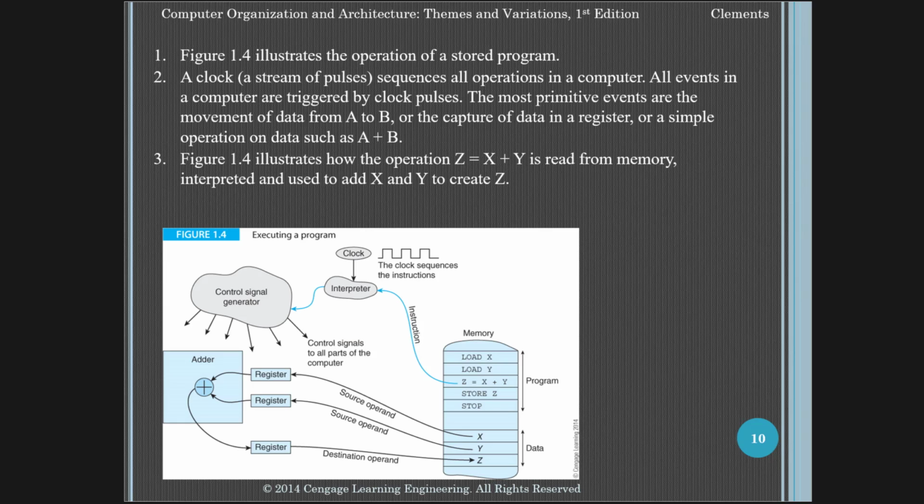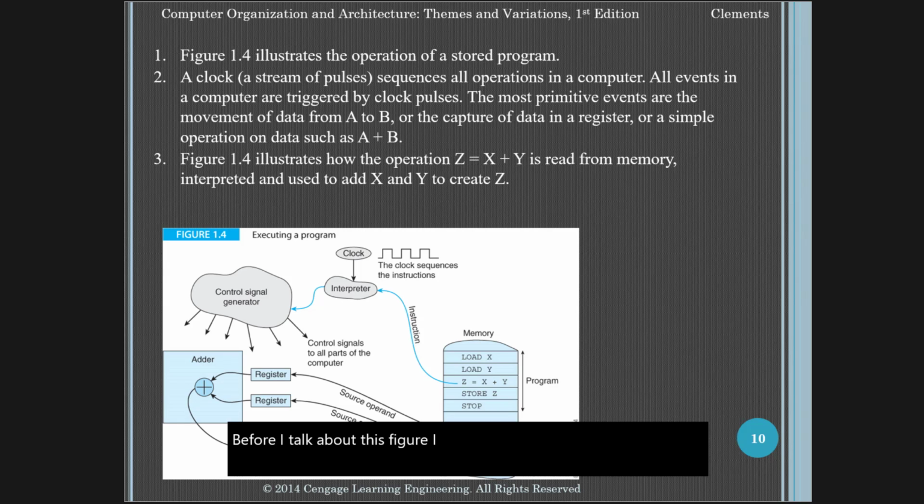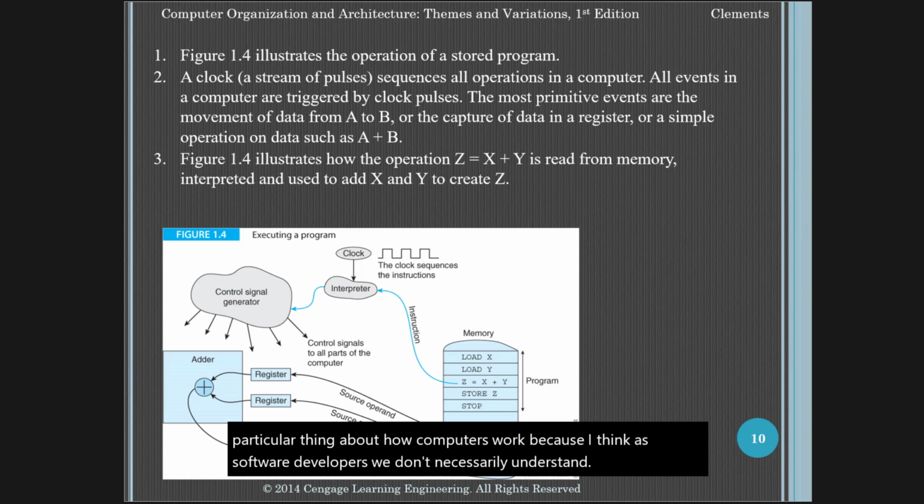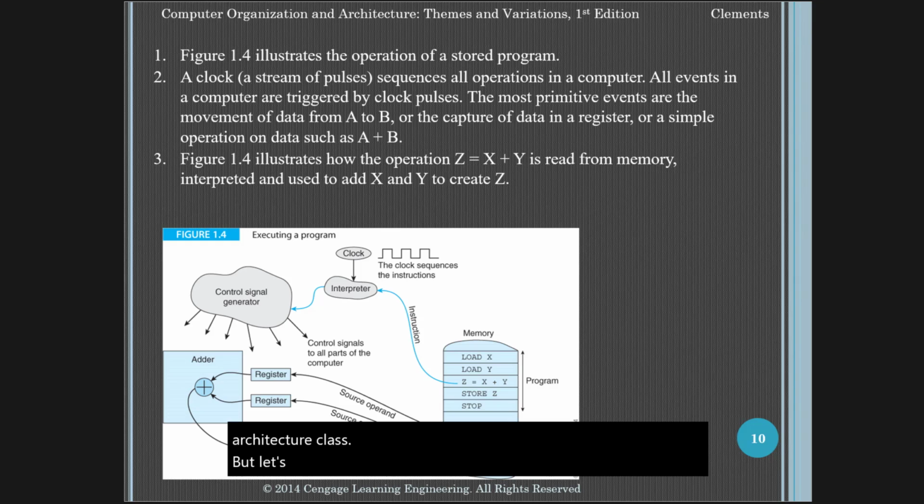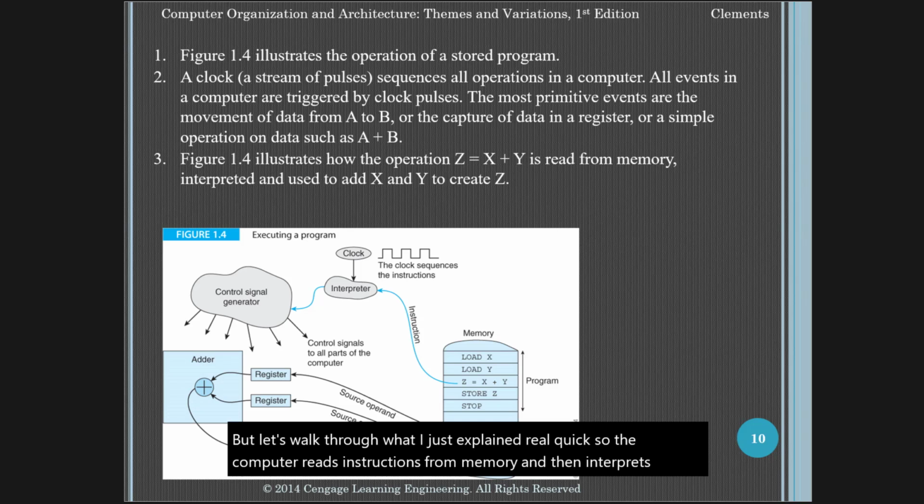Before I talk about this figure, I do want to point out one particular thing about how computers work, because I think as software developers, we don't necessarily understand the internals, which is why it's important to have a computer architecture class. But let's walk through what I just explained real quick. The computer reads instructions from memory and then interprets them and carries out, or executes, the actions that they define.